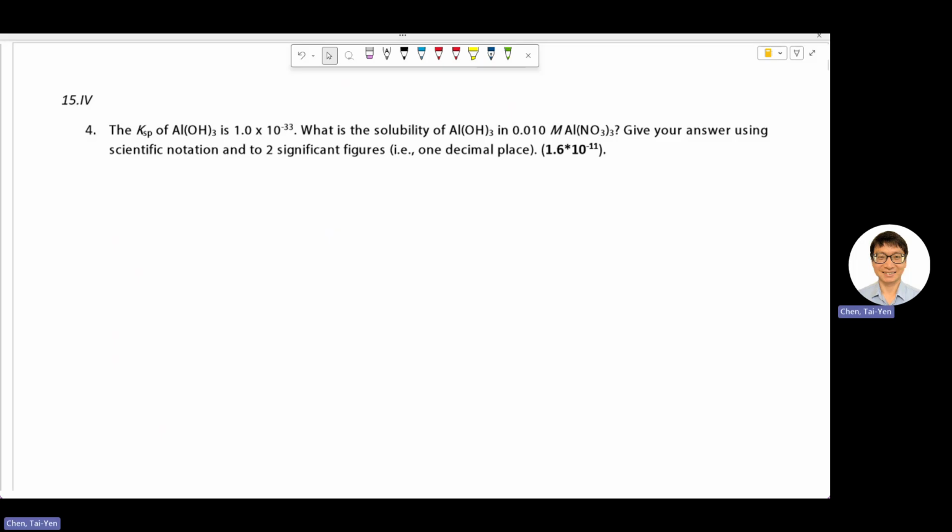Give your answer using scientific notation and so on. What are the keywords? Yes, solubility, wonderful. Okay, so how many species do you have in this question? 2, right? One is Al(OH)3. The other one is Al(NO3)3, right? Which one is your insoluble salt?